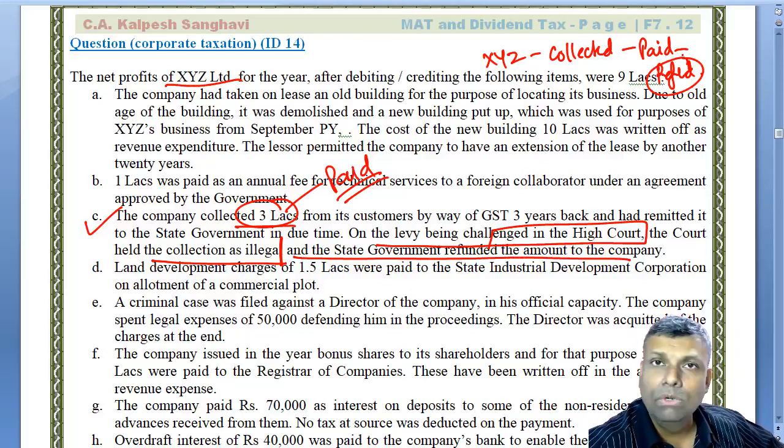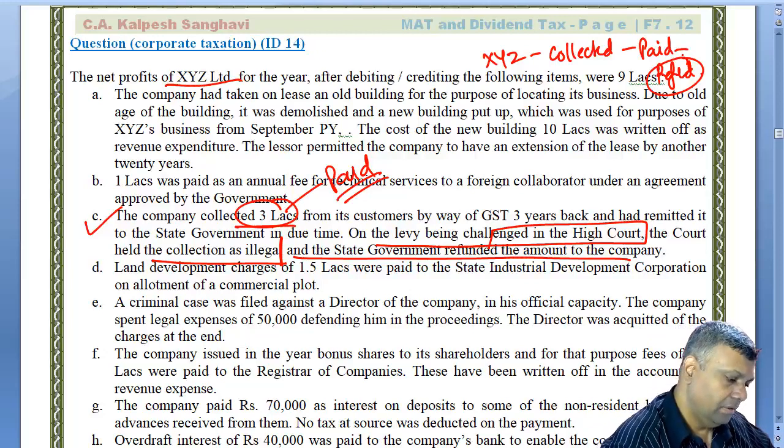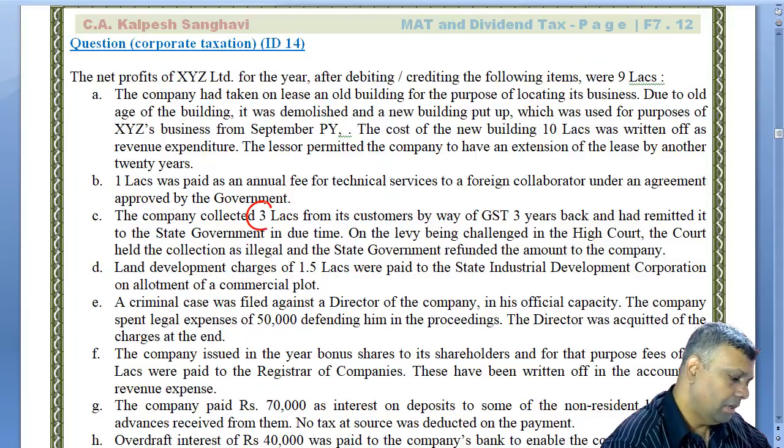The only thing not given to us in the question is whether this challenge is pending in the Supreme Court or not. In other words, the point here is whether this rupees 3 lakhs, which is now received by the company, is it an income of the assessee? That's a question.